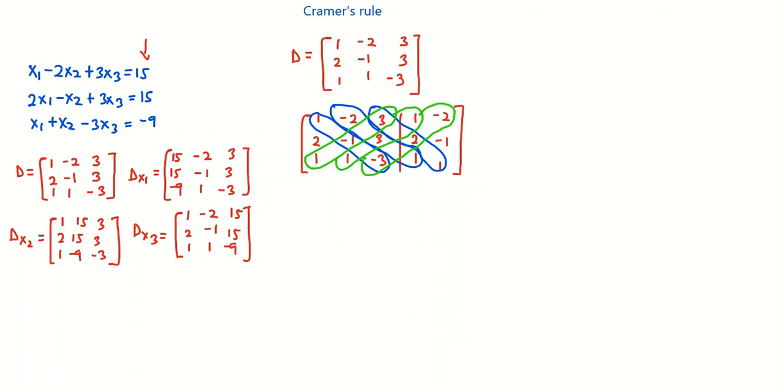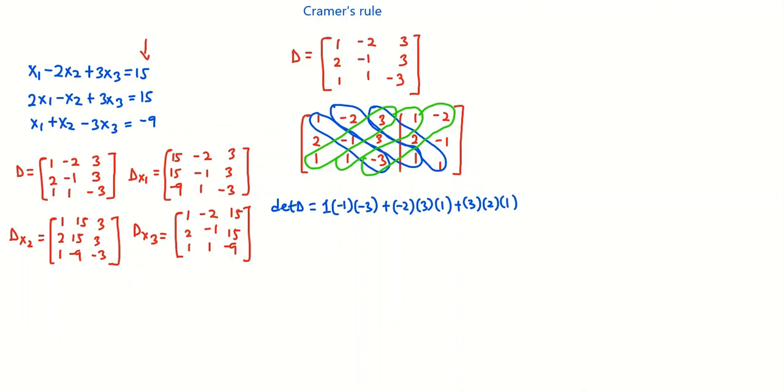Now let's look at how you're going to use this to find the determinant of matrix D. The determinant of D will be equal to 1, taking the first diagonal from the top left side, multiplying minus 1, multiplying minus 3. Then the second diagonal from the top side, plus minus 2 multiplying 3 multiplying 1. And then the third one, plus 3 multiplying 2 multiplying 1.